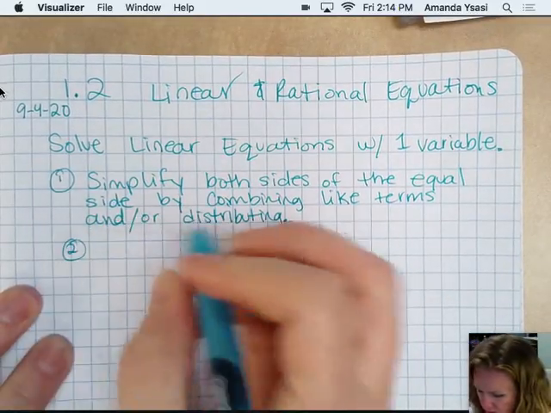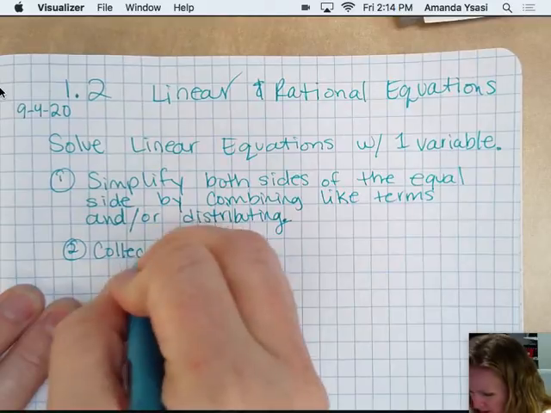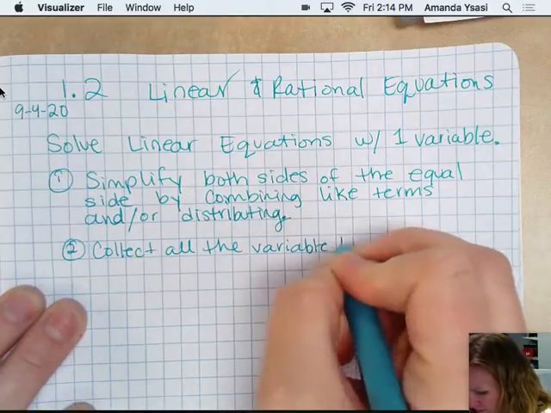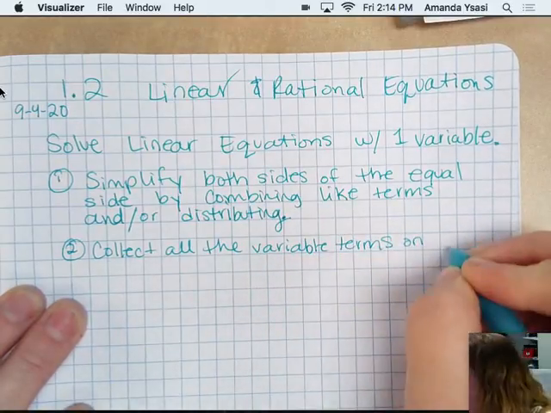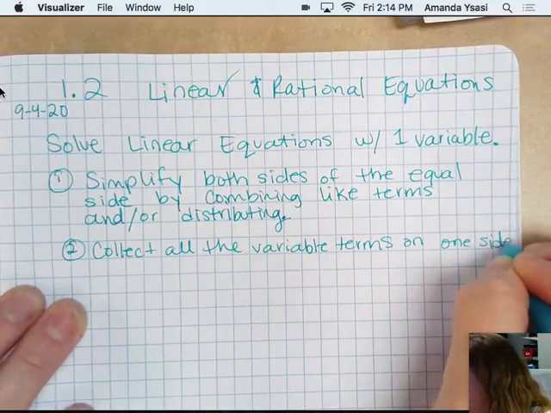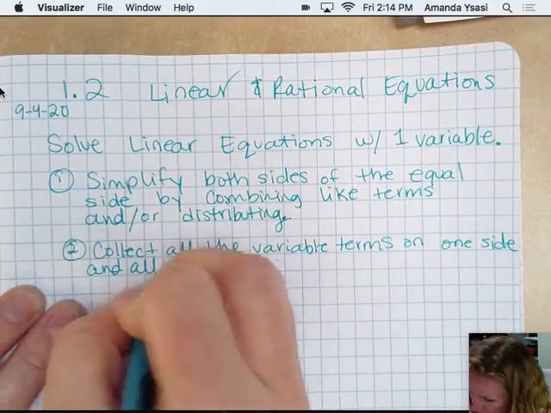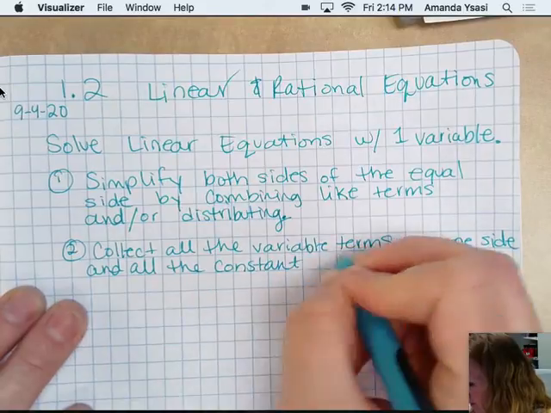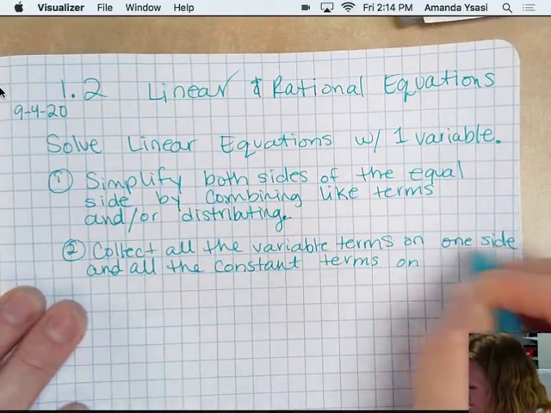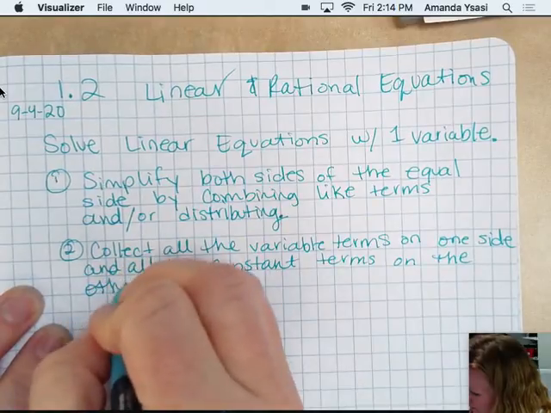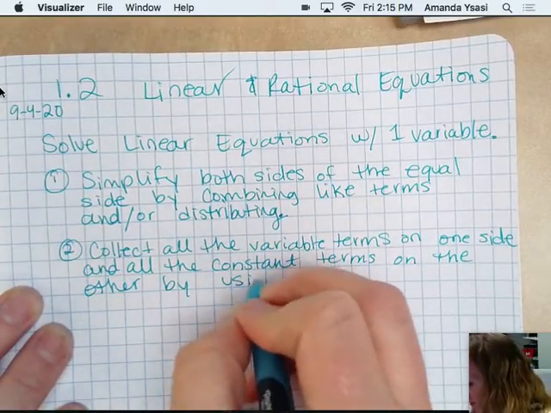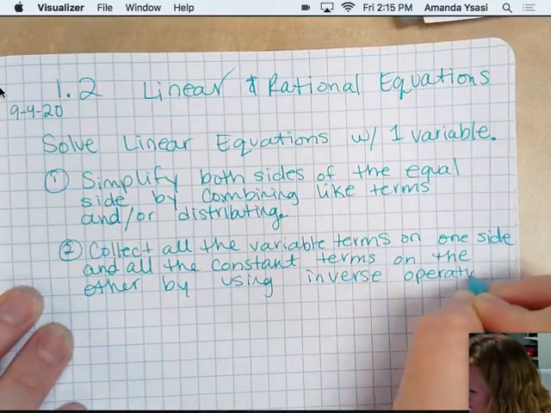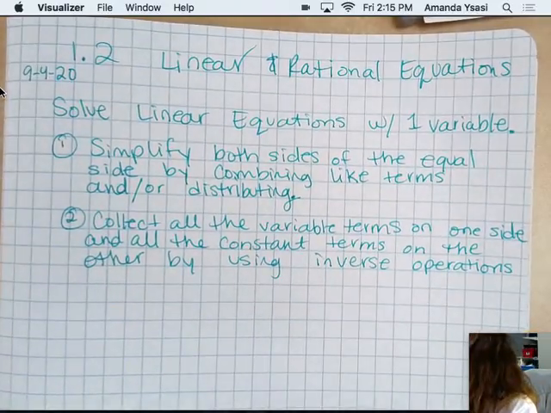Okay, step 2 would be to collect all the variable terms on one side and all the constant terms on the other, by using inverse operations. So remember, whatever you do on one side, you have to do to the other.